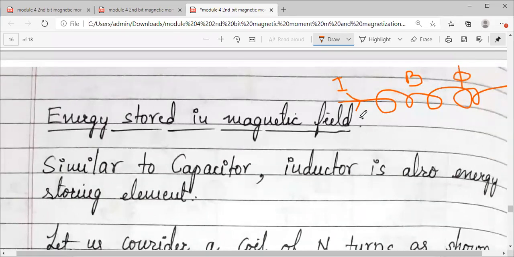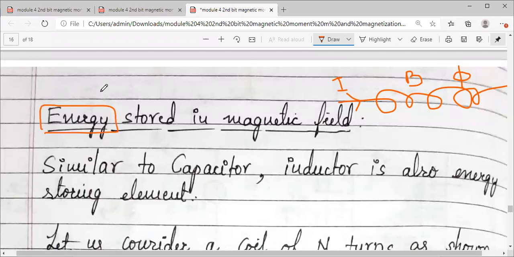Both will exist. Because of the current flow in the coil, the magnetic field exists, and because of this, there exists flux. For this complete arrangement, we come across the term energy.